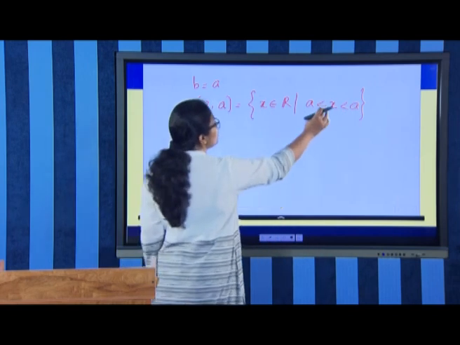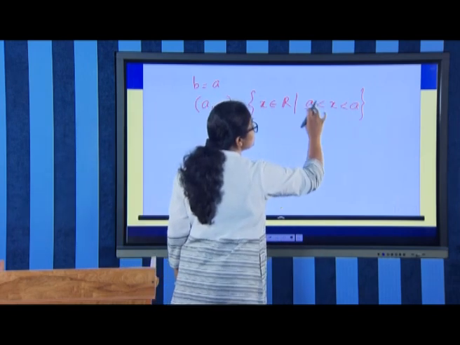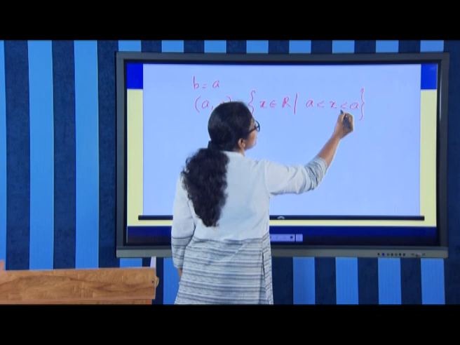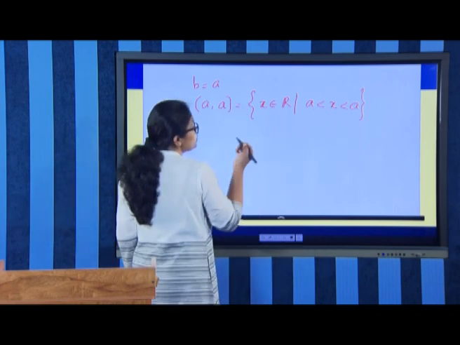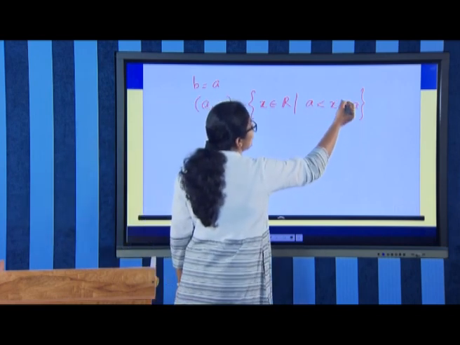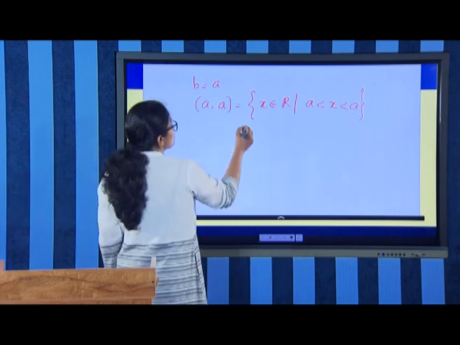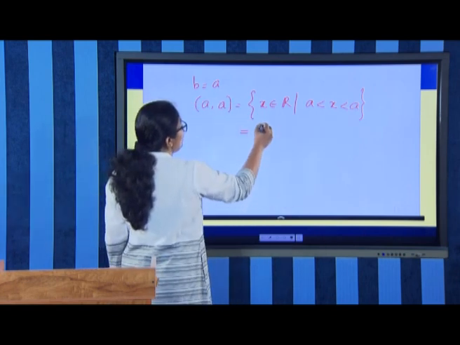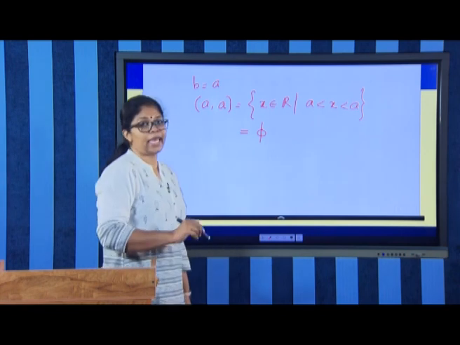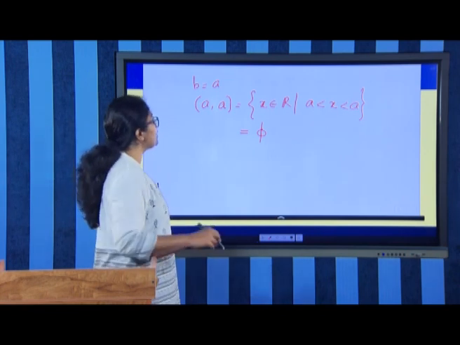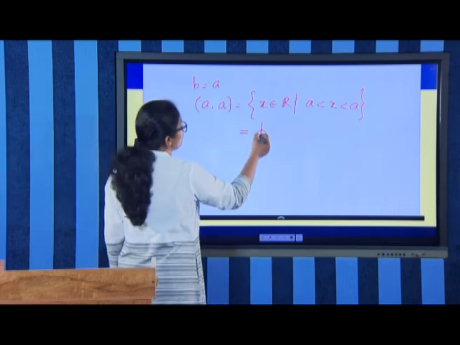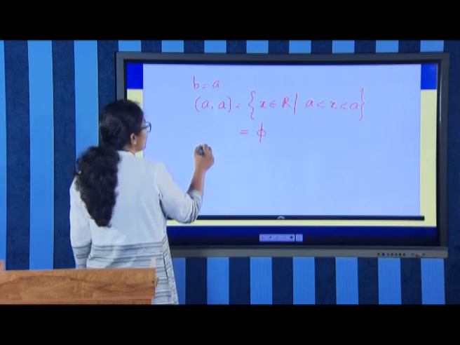None of the real numbers x satisfies this condition because there is no equality here. So, a cannot be strictly less than x, strictly less than a. So, we arrive at the conclusion that such a set is empty. That is why we take the open interval (a, a) to be the null set.